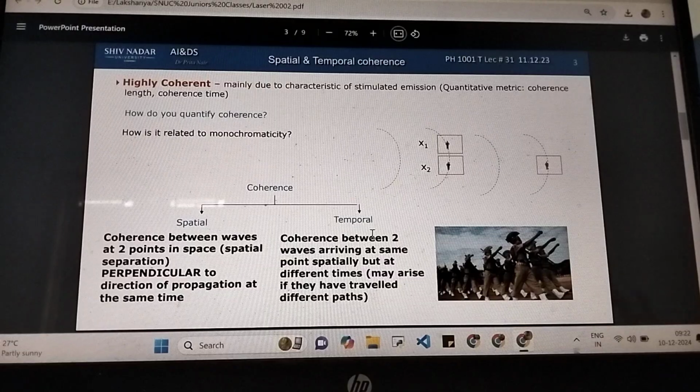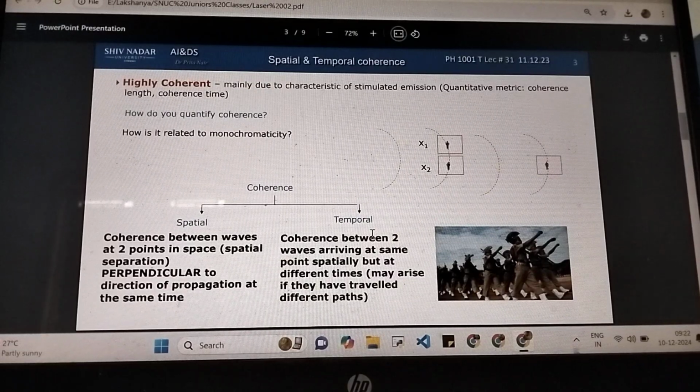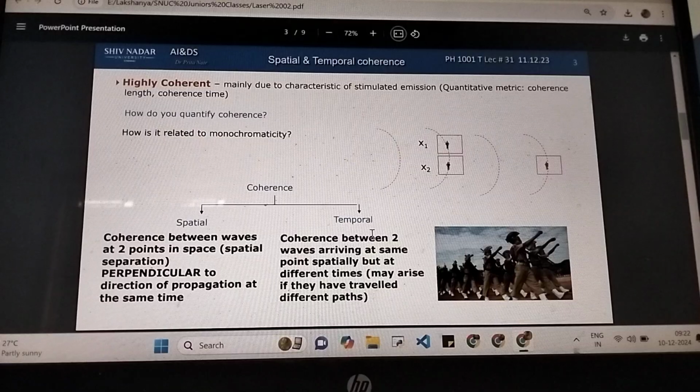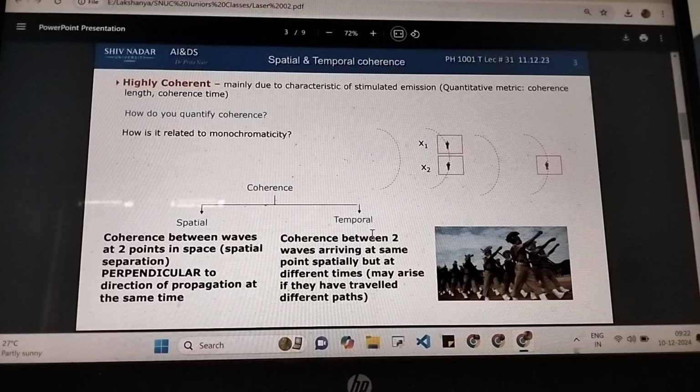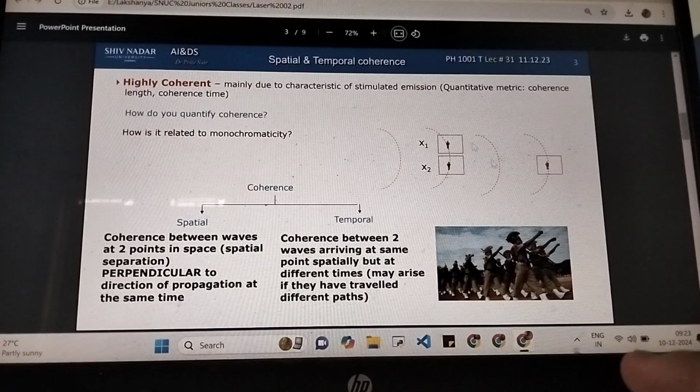Similarly for waves, when you take two waves perpendicular to the overall direction of propagation, are they both coherent? How do you define coherence among waves? Same frequency, and a zero or constant phase difference. So let's say these are waves.